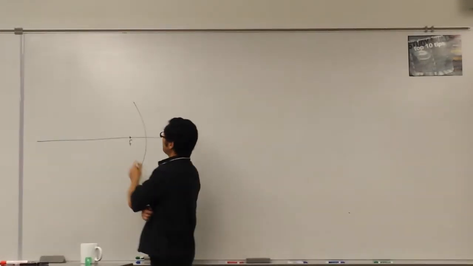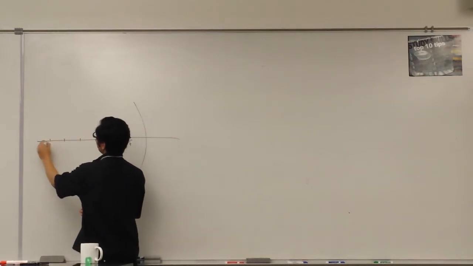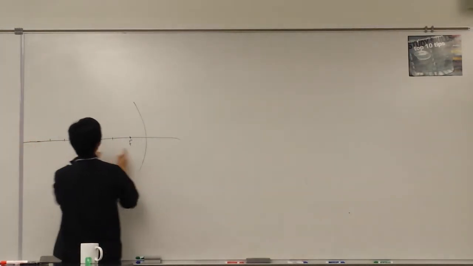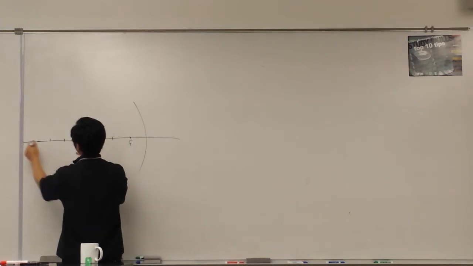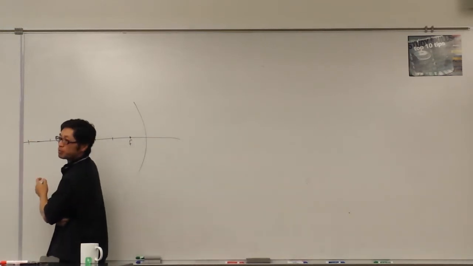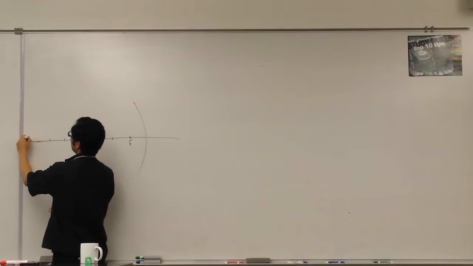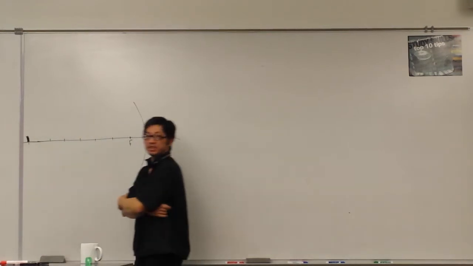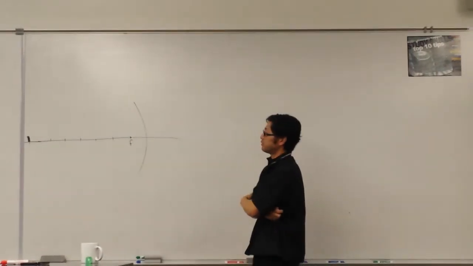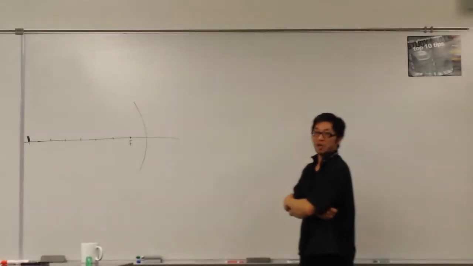So f is 5, this is 5, this is 10, 15, 20, 25, 30, 35, right? So I got an object, and it says it's 1.5 centimeters. That's pretty small. Let's just make it a little stick that sticks up like that. That's probably more like 2, but this is rough.